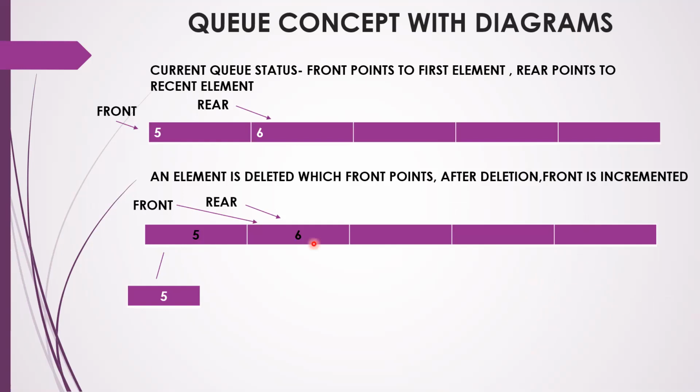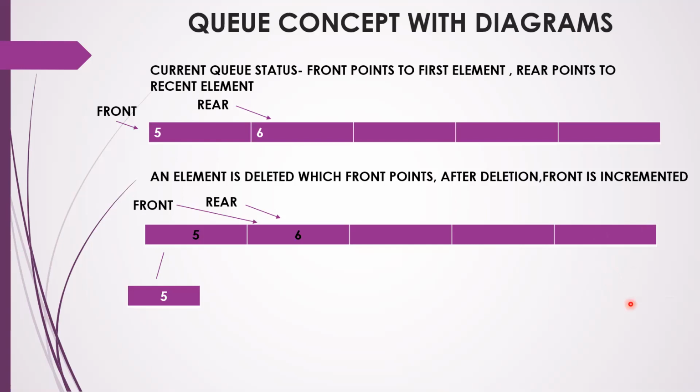Like for example, 1, 2, 3, 4, 5. So we have 5 elements. So this is index 1, 2, 3, 4, 5, and the total capacity is 5. So when the rear points to this last one, the final index, the index number is 5 and the total capacity is 5.